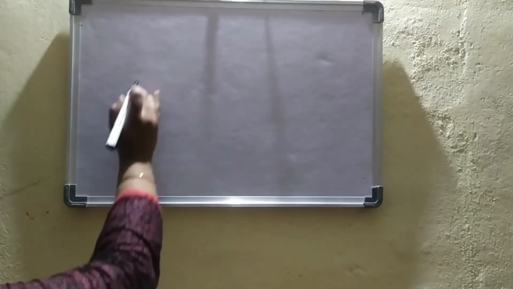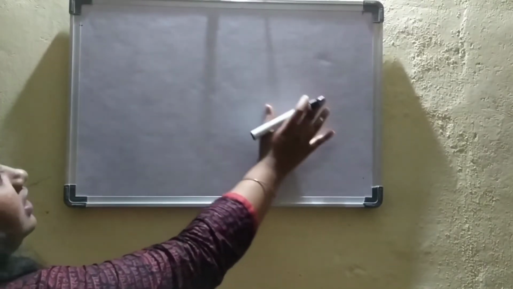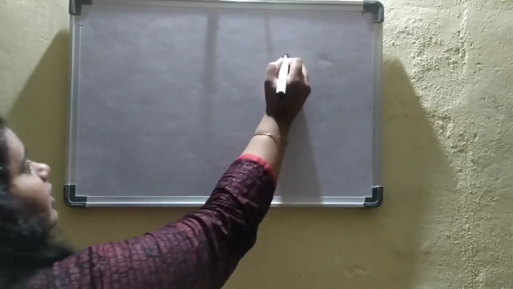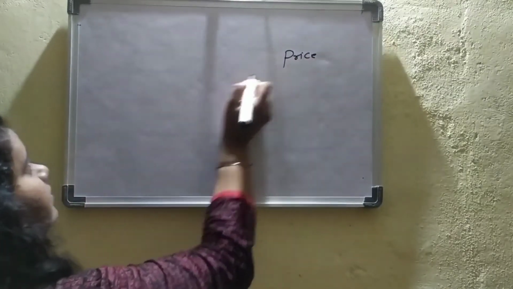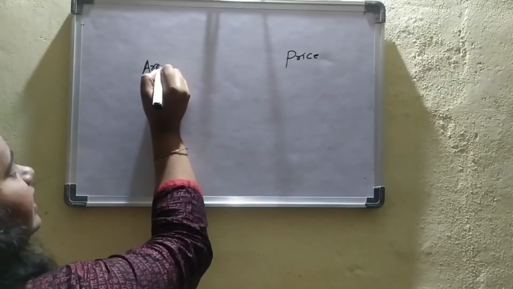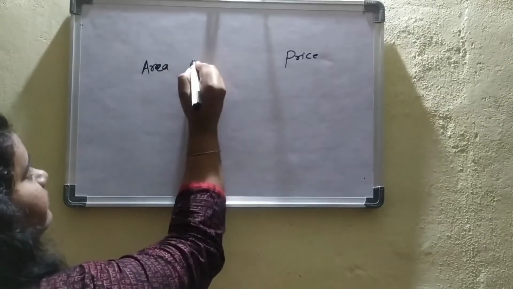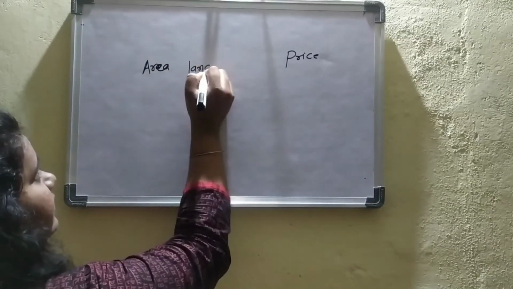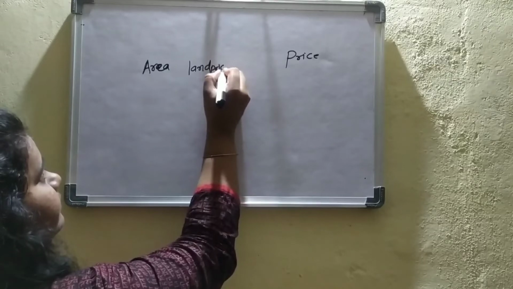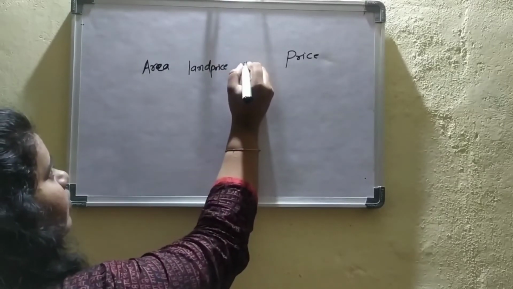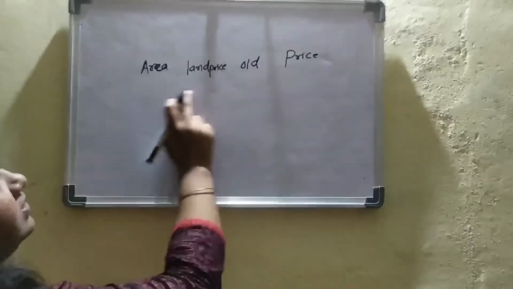Now let us consider the case of linear regression with multiple variables, that is multivariate analysis. For example, if we want to predict the price of a house, we can predict the price based on different factors: the area of the house, the price of that area or the land price, and the age, or how old that house is.